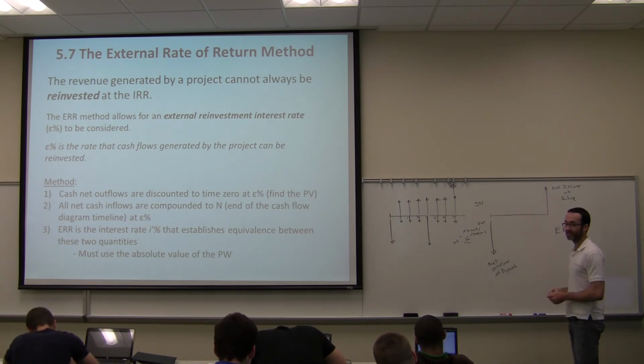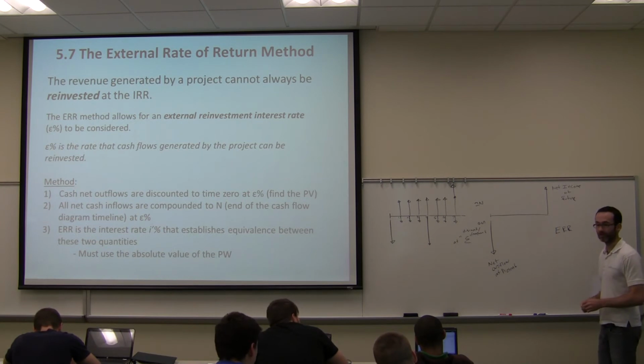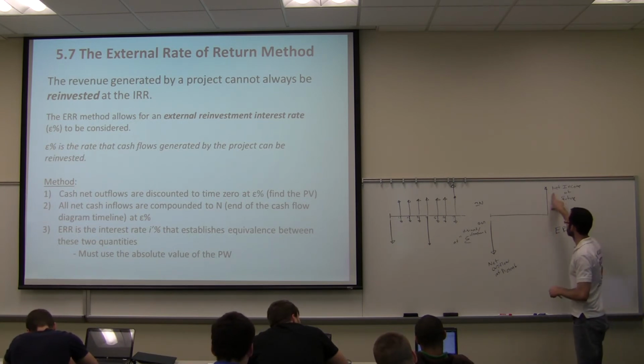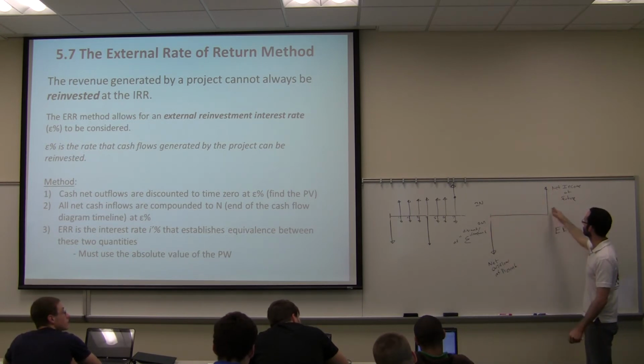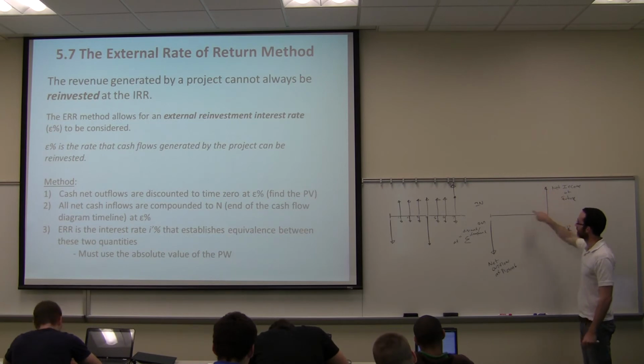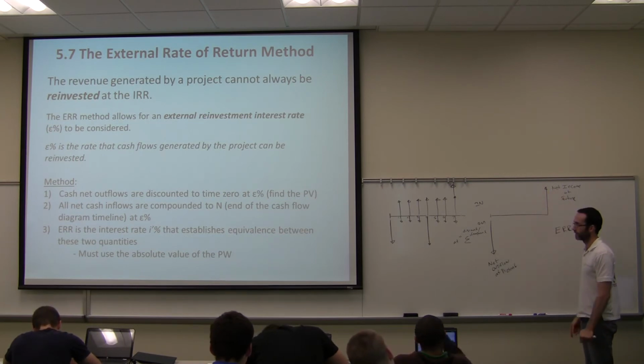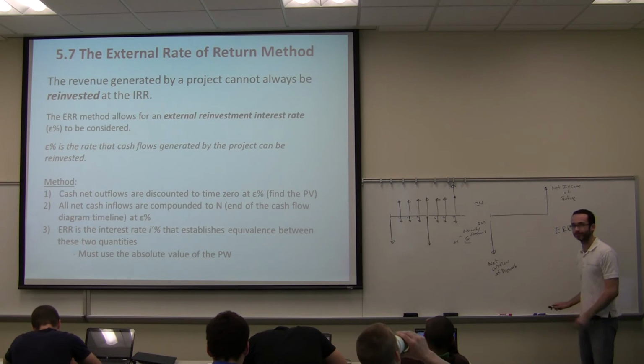And so you would do the same thing that we just did with the internal rate of return. You'd set up a cash flow diagram, you would discount this to the present, and you'd solve for the interest rate at which all of those future revenues are equal to the present expenses. Yes?